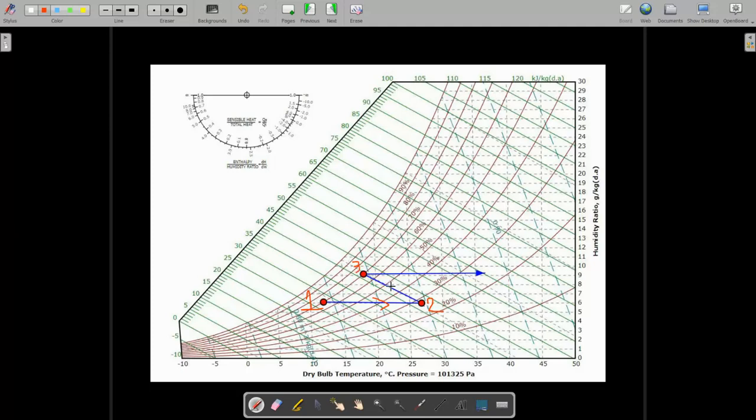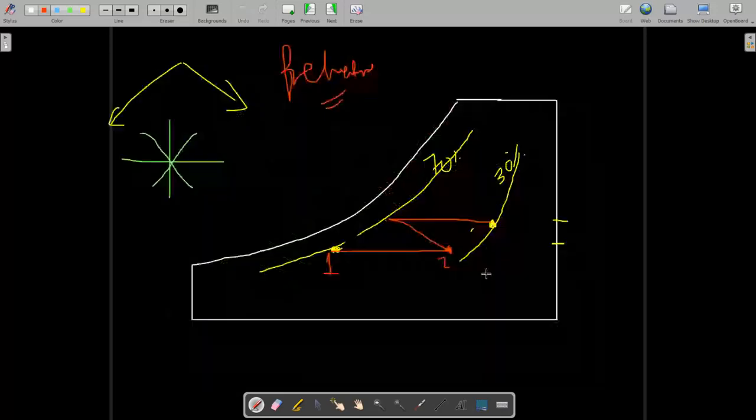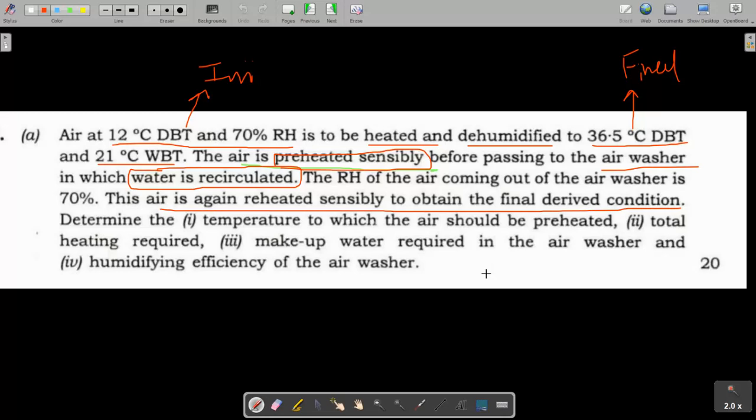Then 2 to 3 is our humidification in the air washer, and 3 to 4 to our final condition, which is our reheating. When you locate and mark all the processes and points, 70% of the work is completed. Now just read what they have asked and find it from the psychrometry chart.